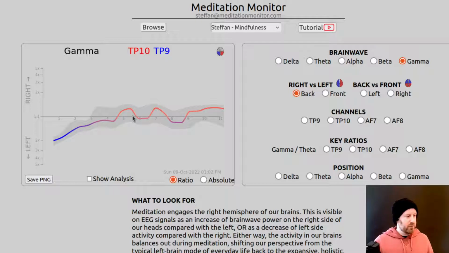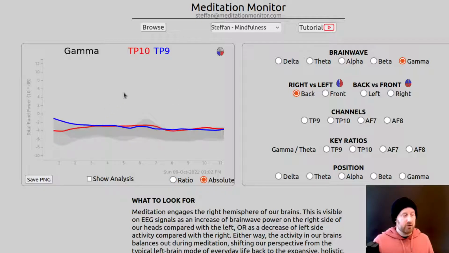And just to make it more clear what exactly this is showing, this is a ratio. So up does not mean more gamma, stronger gamma. It doesn't actually mean that. It depends on where that gamma is. As I showed in my first tutorial, if we look at the absolute values, gamma looks like it's actually going down.